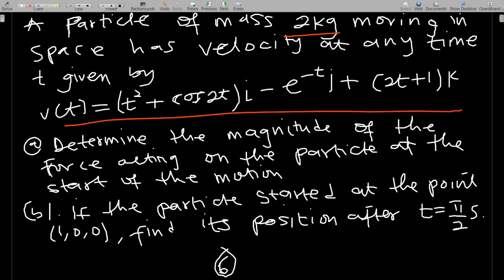So at the start of the motion, t is equal to 0. You should always know these ideas. If the particle started at the point (1, 0, 0), find the position vector after the given time. So what will happen here is, you write your velocity back.